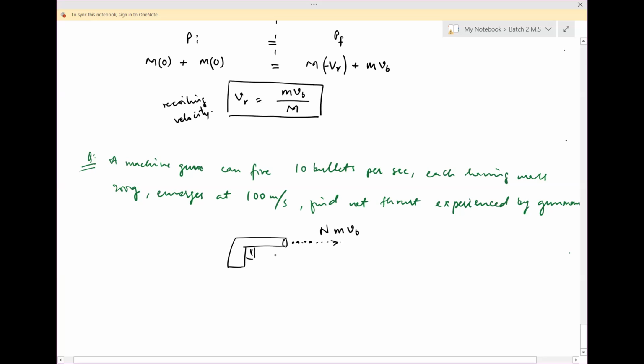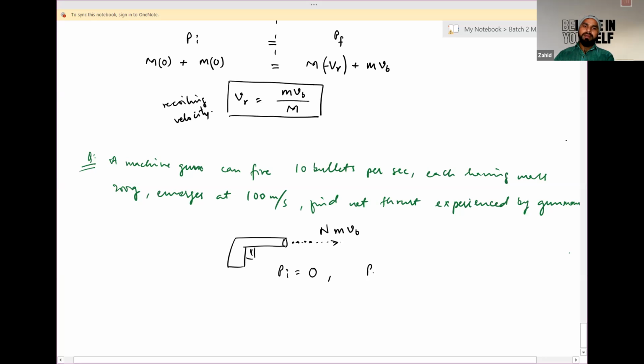Initially, when there is no firing, momentum will be 0. So P initial will be 0. P final is n into m into v. Total time taken during this particular impact is 1 second. So according to second law, force equals change in linear momentum over time taken.